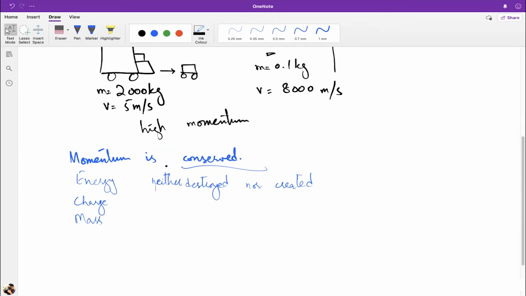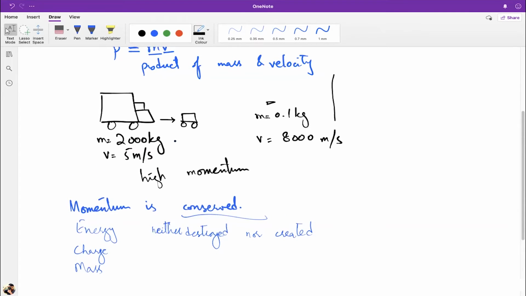Momentum is conserved. What it means is that momentum is always coming from somewhere else. So if something has 2000 kg meter per second as its momentum, that 2000 kg meter per second is coming from something else that had some momentum that it transferred.